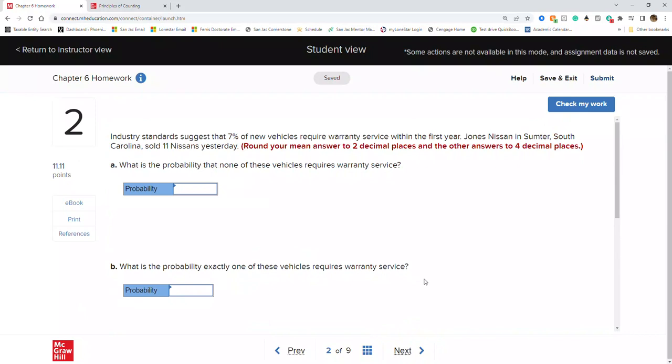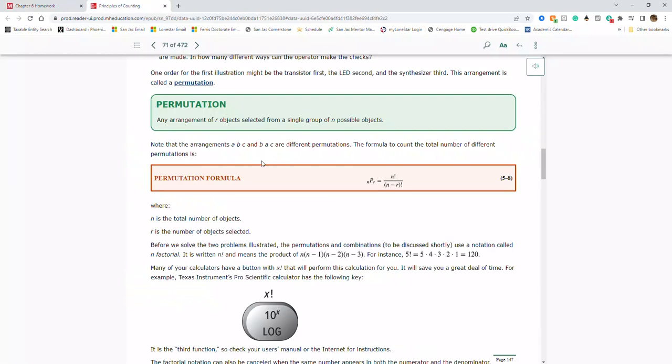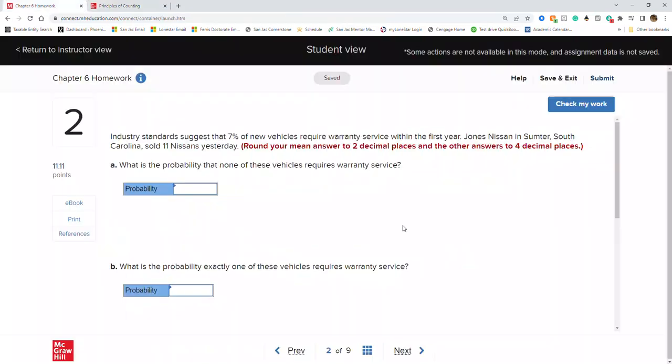So question 2 is a little bit trickier, where we have to figure out the probability of vehicles that require warranty services. This is dealing with almost a probability of permutation formula. I'll show you how that looks as we go through.